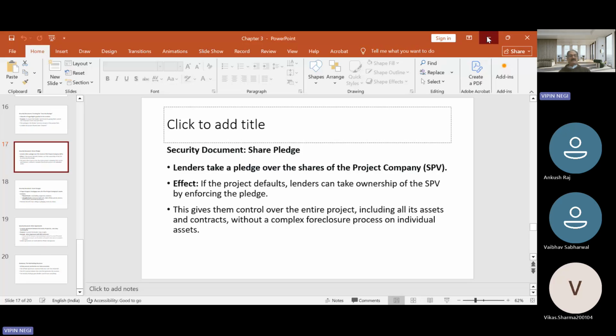As I discussed, mitigation of this payment risk by these off-takers is very critical for ensuring the viability of power projects. And in addition to direct payment, security pledges in the form of a letter of credit, that is called LC, and escrow agreements serve as a temporary measure of enhancement of creditworthiness of these off-takers.